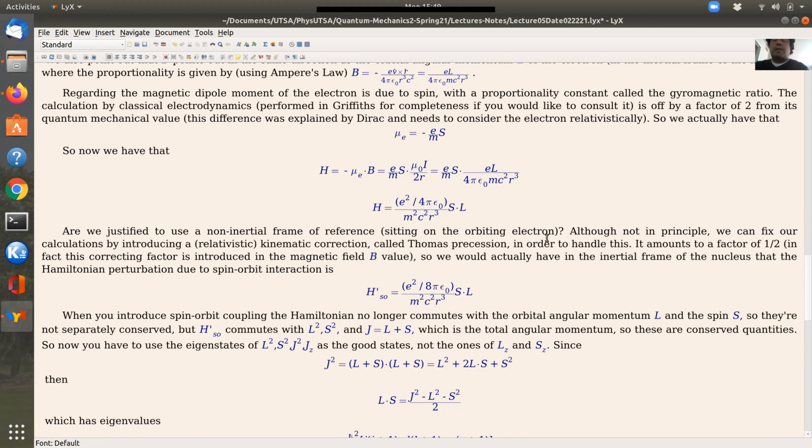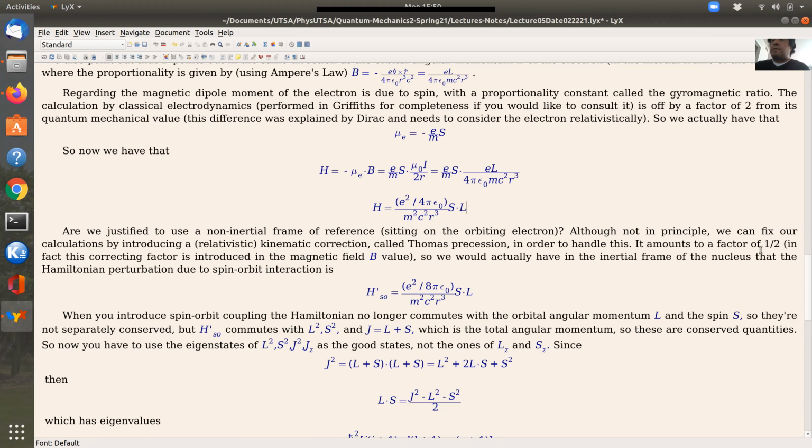Now, the $1,000,000 question is, of course, what you have been thinking at this point. Am I justified to use a non-inertial frame of reference in my calculations by sitting on the electron? Not in principle, but you can correct for this non-inertial frame by introducing a kinematic correction, which is relativistic, and that is called the Thomas precession. We're not going to justify it, we're going to use the result.